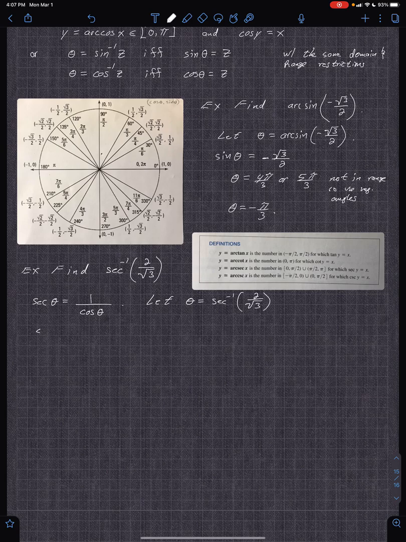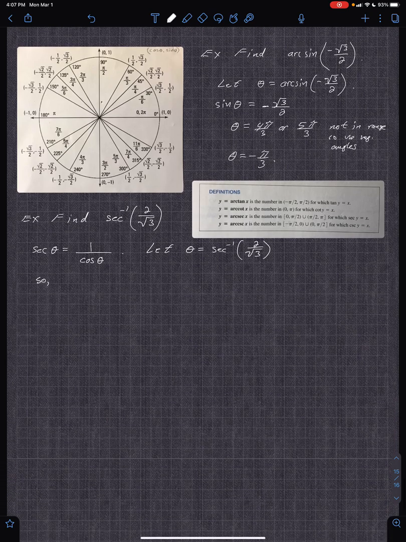Then you ask the question, secant of what is equal to 2 over root 3? But that's just 1 over cosine, so that's really equivalent to saying cosine theta is equal to root 3 over 2.